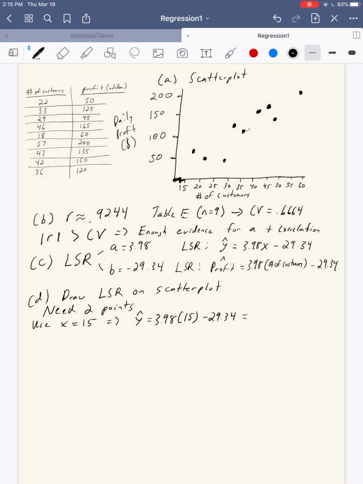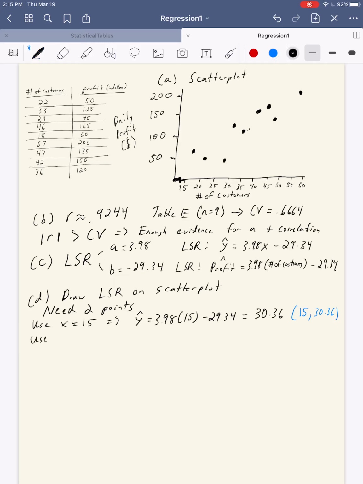Typing that into your calculator, 3.98 times 15 minus 29.34. And you should get, if you type it in correctly, 30.36. So we'll make a little note here. Our first point is going to be 15, comma 30.36. Let's do the second one real quick.